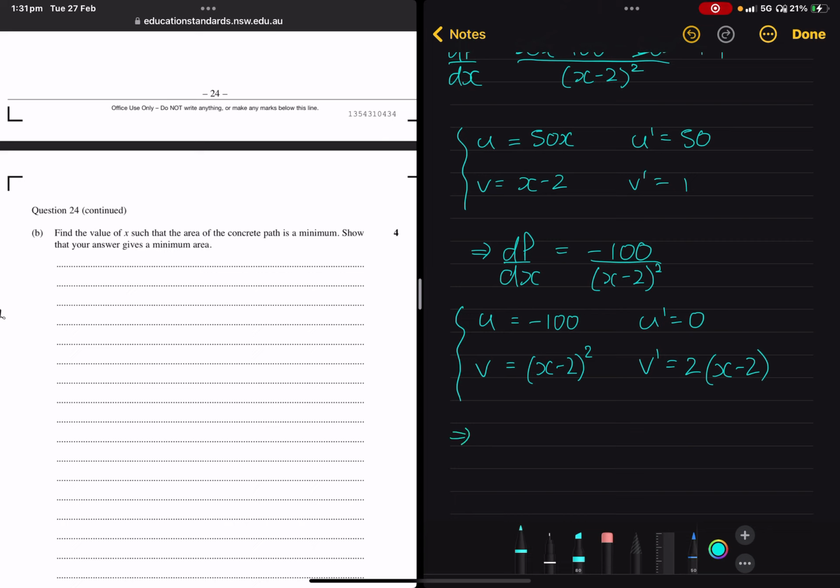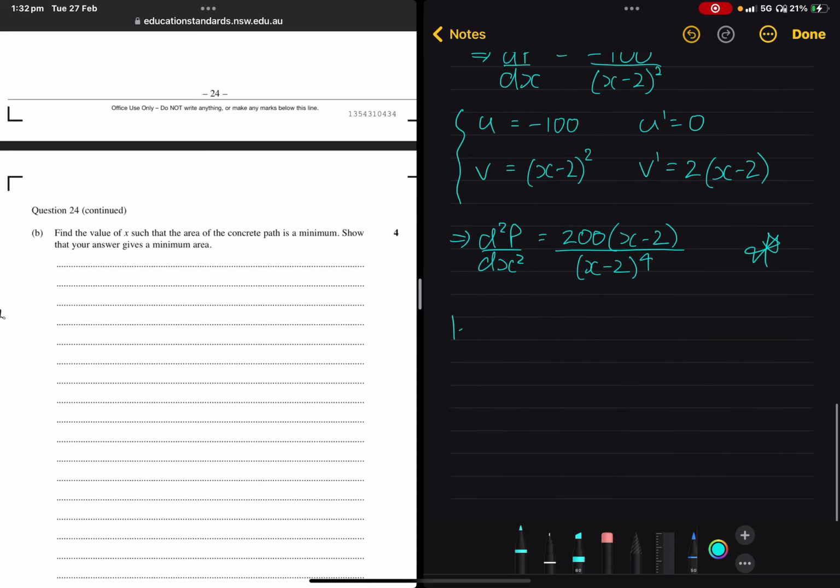So we have our second derivative, which is d squared p dx squared. This is u prime times v, which is 0, minus u times v prime, which is 200 times x minus 2, divided by v squared, which is going to be x minus 2 to the 4. So we have the second derivative. We'll use this later, but we've just done it now while we were doing the derivatives.